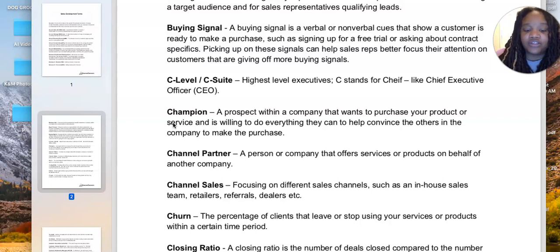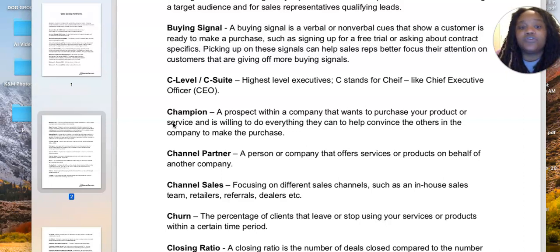The champion needs to be able to explain the benefits and why they should get that product or service to their fellow peers. So that's going to be based off of how you explain and answer their questions, how you do the demonstration, and how you walk them through the process of figuring out what their pain points and challenges are, positioning your product or service as the best solution.